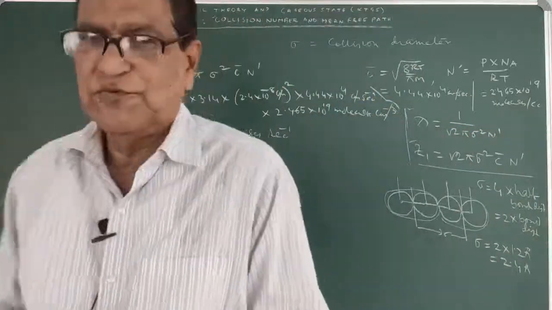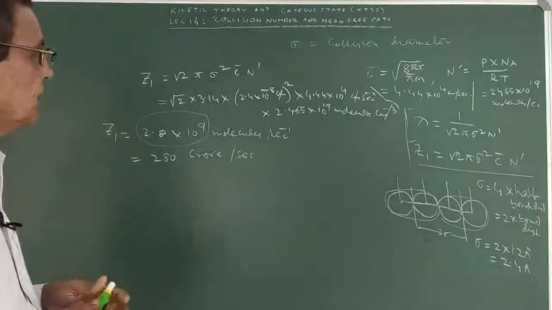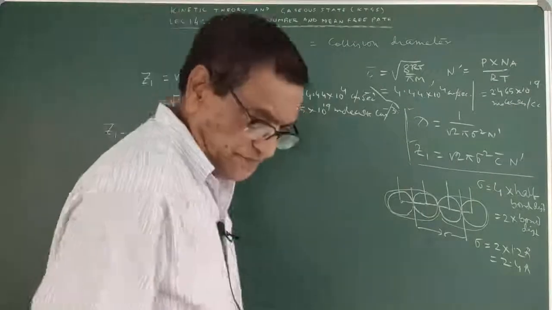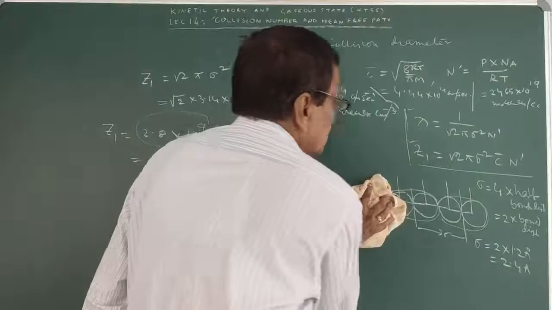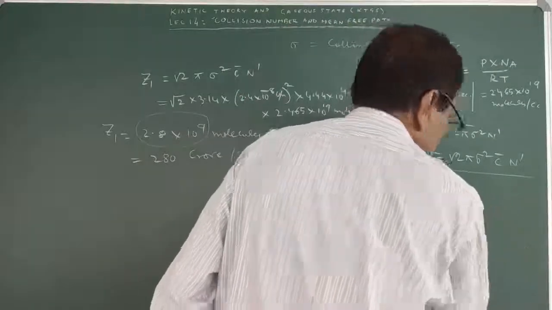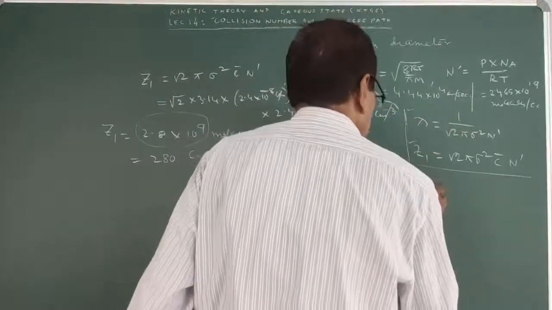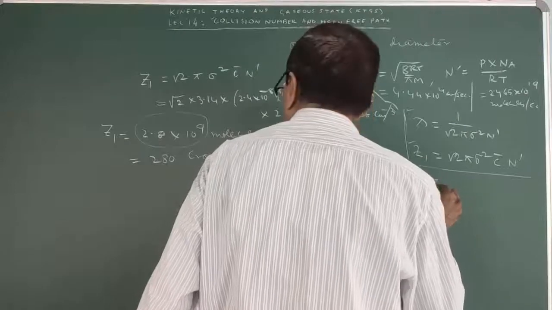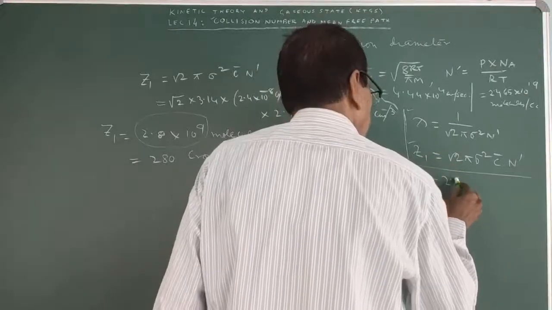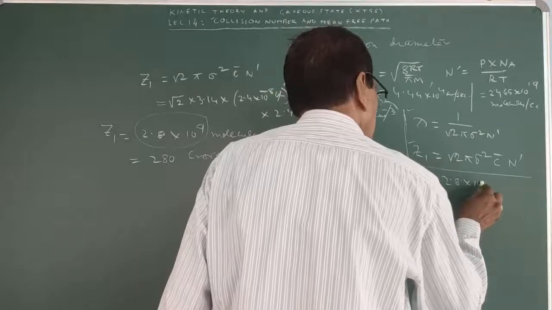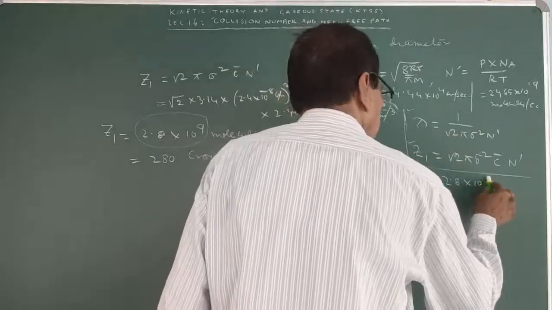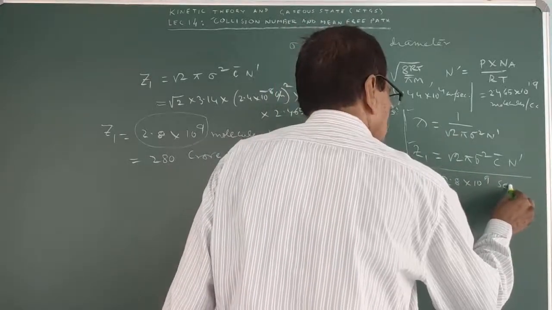Now next we can calculate the value of, so Z1 we can write 2.8 into 10 to the power 9 second inverse.